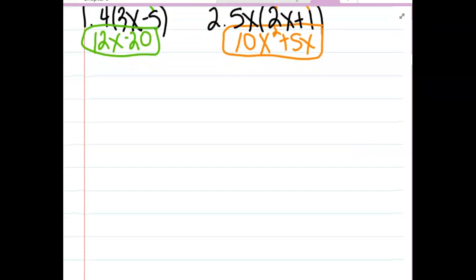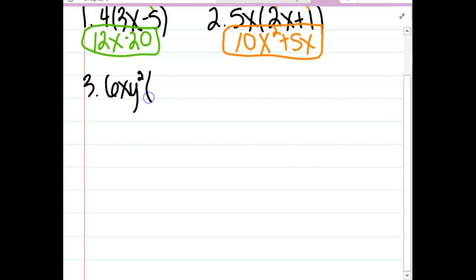Okay, number 3. 6xy squared times 3x squared minus 2x plus 7. So a little more intense, but it's the same thing.